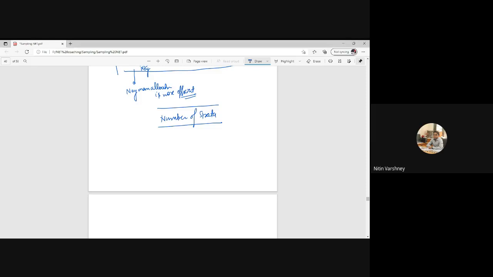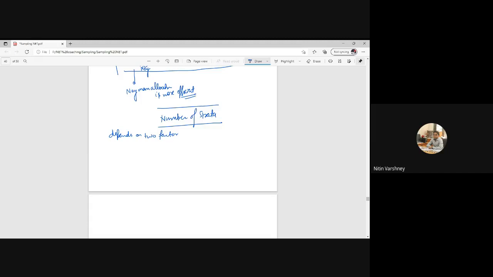The decision about the number of strata depends on two factors. Basically, we have to define how many strata we will make according to our population and according to our sample size. How many strata we have to make depends on two factors.